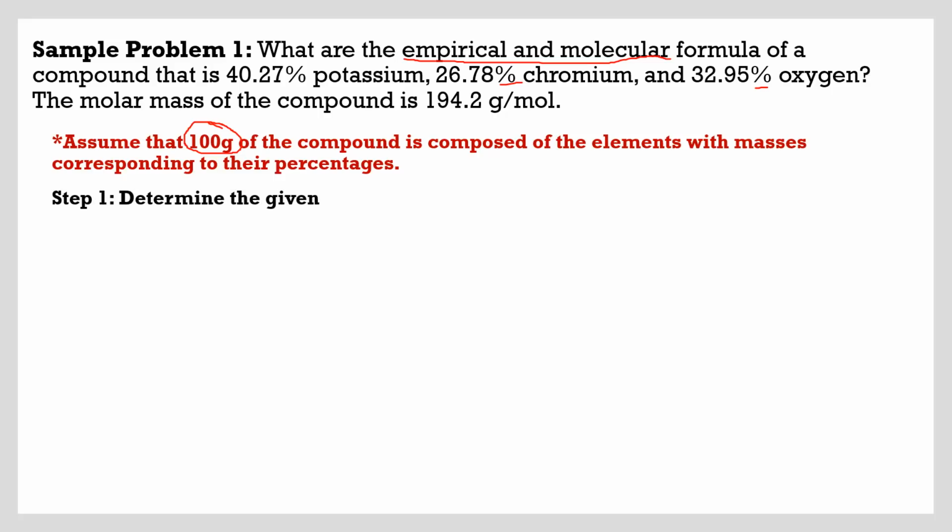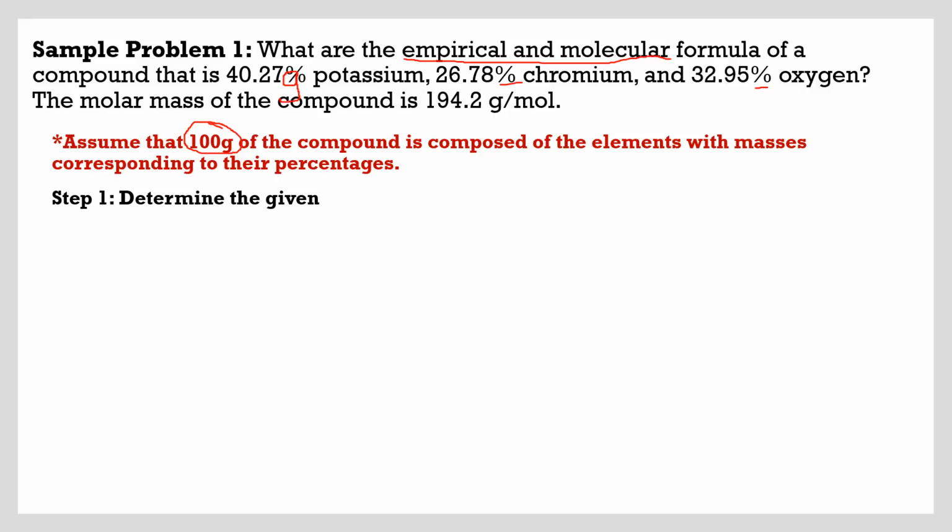Okay, so step 1 therefore is to determine the given. Since we assume 100 grams of the sample, this 40.27% potassium is also equal to 40.27 grams potassium.